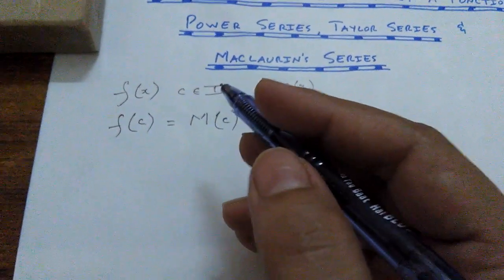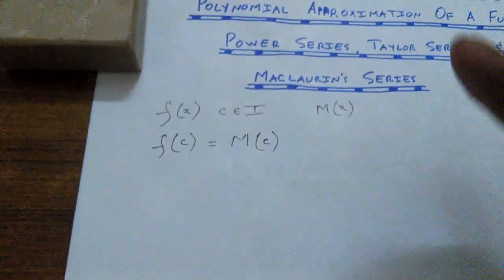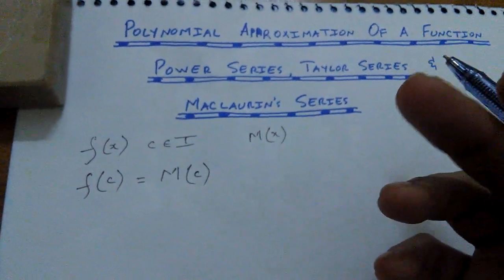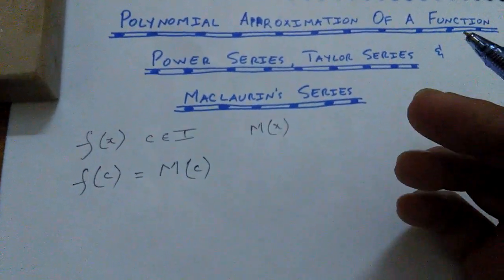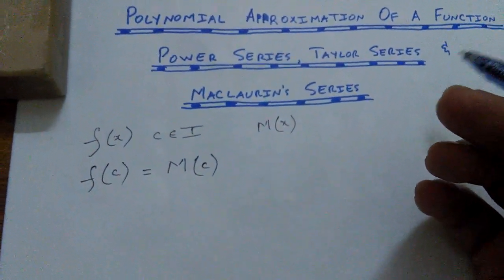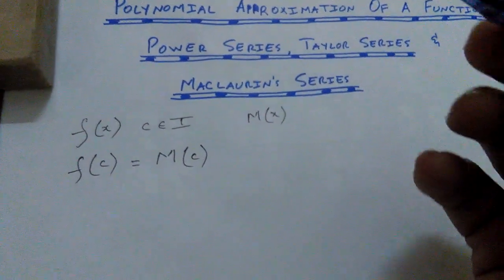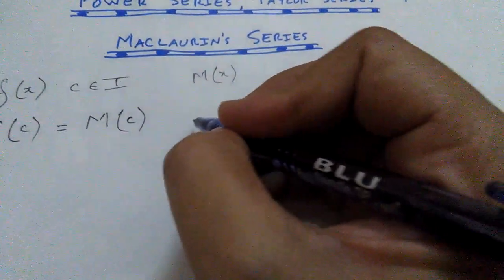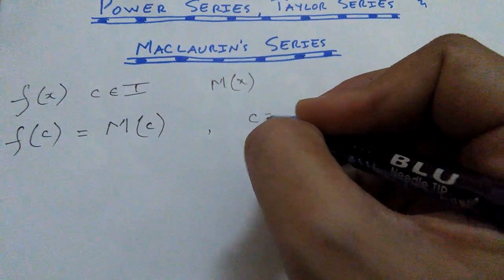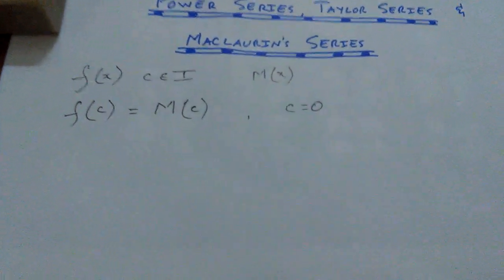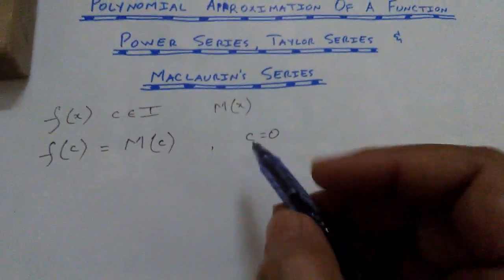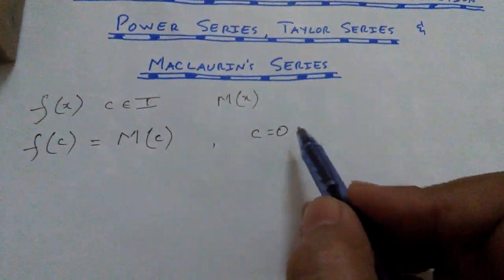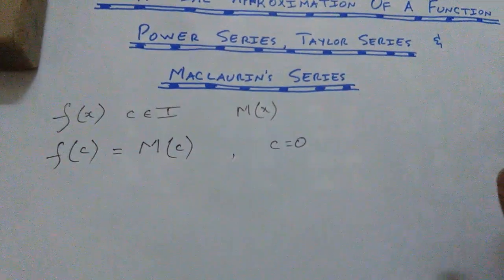Now, as far as c is concerned, this is a new topic, and whenever we try to understand something new, we try to do it in an easygoing way. So let me pick the simplest case, c equals 0, as a special case of understanding polynomial approximation.